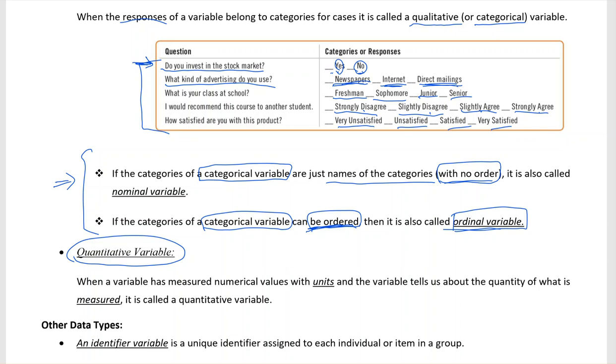Is yes better than no or no better than yes? No, right? So you don't order them. You don't say yes is better than no. Who knows? So for this case, yes or no, you cannot order these two categories.